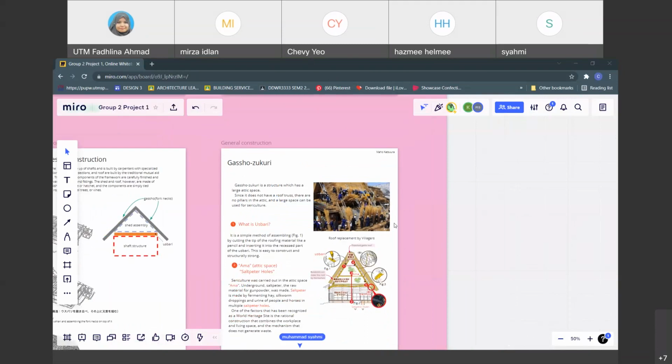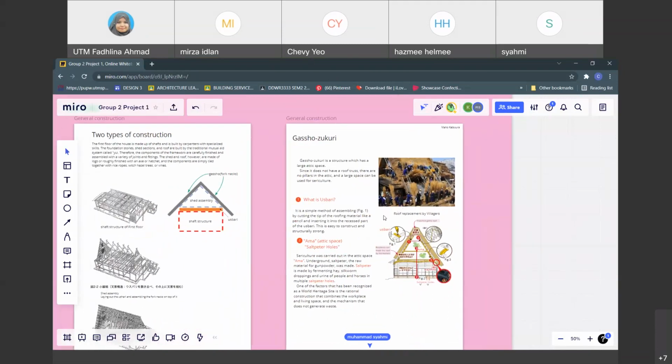I think we have overlapping parts. We need to figure it out later. Or what you can do is perhaps you just tabulate everything first and then put proper topics for that so that it won't be overlapping.